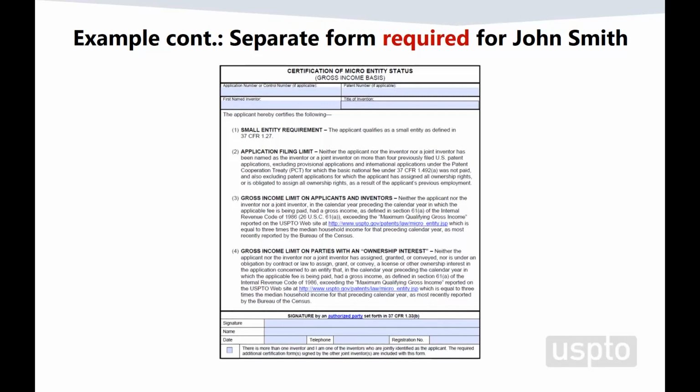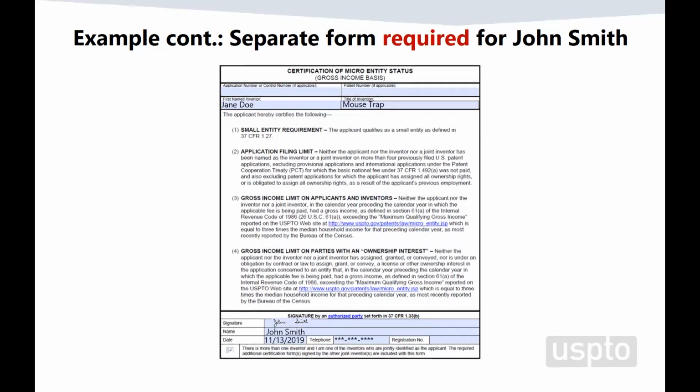However, since John Smith is a co-inventor, we also need to fill out a form for John Smith. A common mistake to avoid is not filing microentity status forms for all co-inventors. Since most of the form is going to be the same for both Jane Doe and John Smith, we're going to fill out the entire form for John Smith and point out the differences.